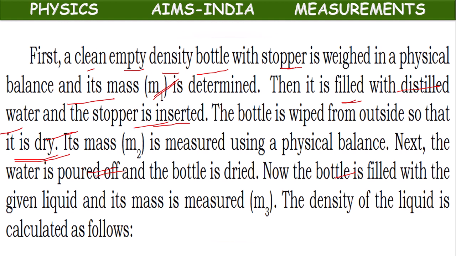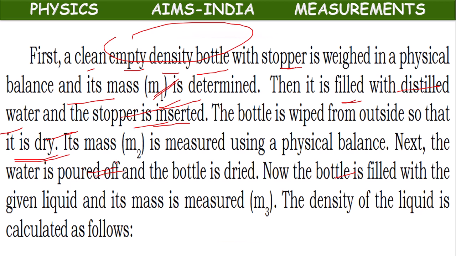We take precaution so that no wet particle is attached to the density bottle. So it is totally dry, so that we get the accurate value of what is there in the density bottle. Previously, the empty density bottle we weighed and kept as M1.